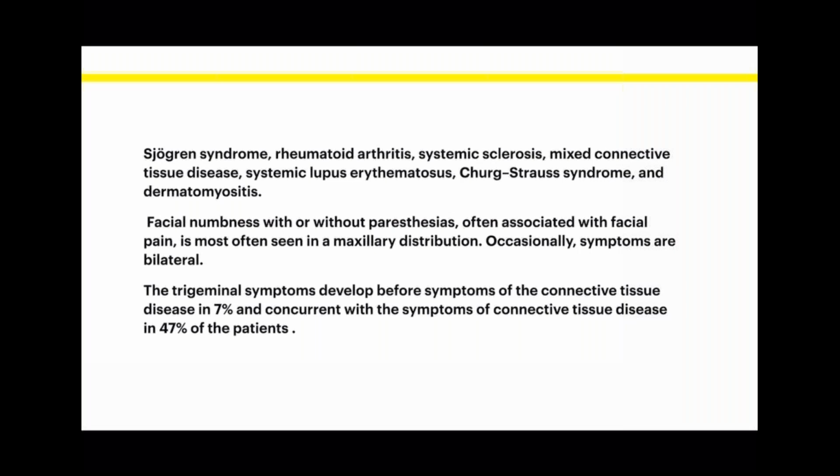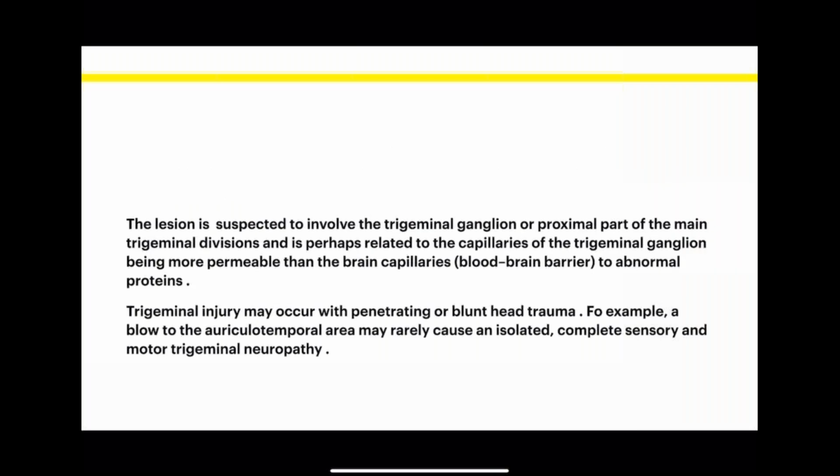And the trigeminal symptoms can develop before the connective tissue diseases in 7% of the patients, and concurrent with the symptoms in 47% of the patients. The reason it's affected in these rheumatological diseases is that the inflammation happens because of the permeability to proteins.